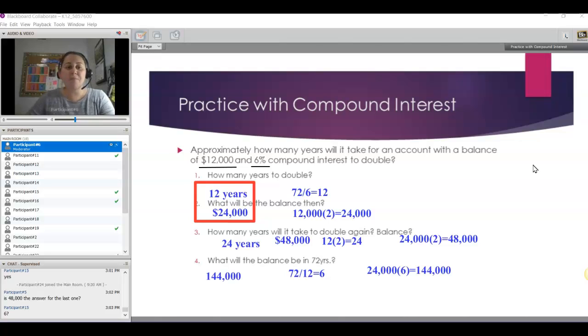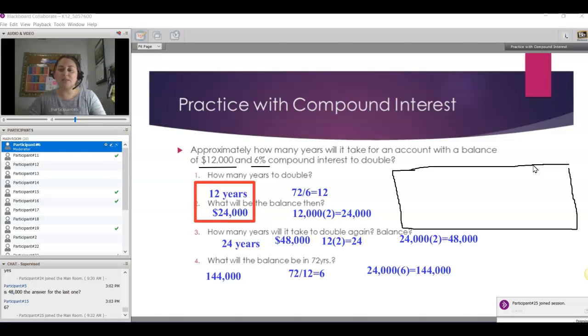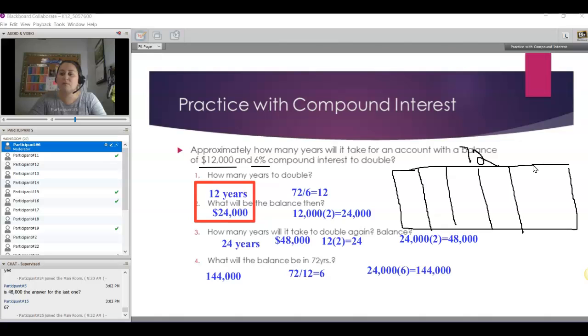Here is another kind of picture to show you. If I drew a box, okay, I drew a box. I have 72 here. This whole box represents 72 years. And if I said each column here is 12 years. So I have 1, 2, 3, 4, 5, 6.